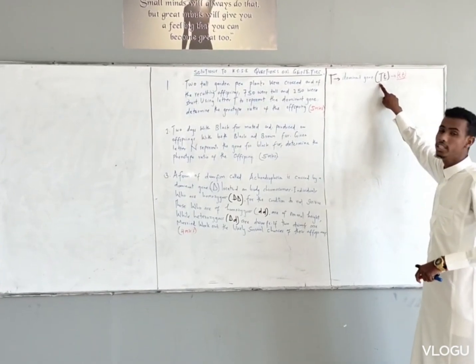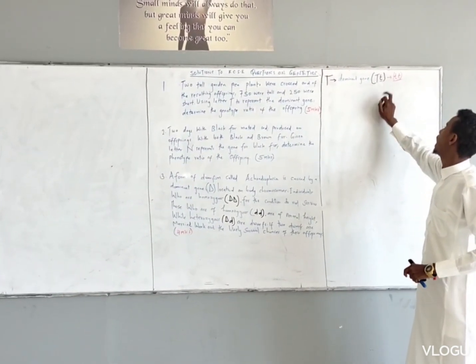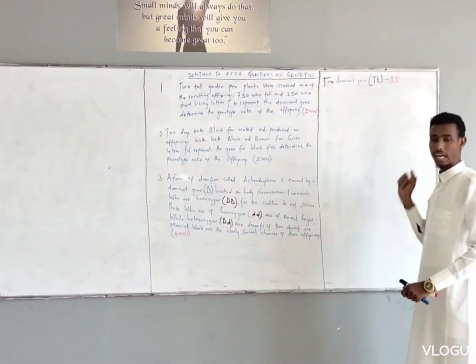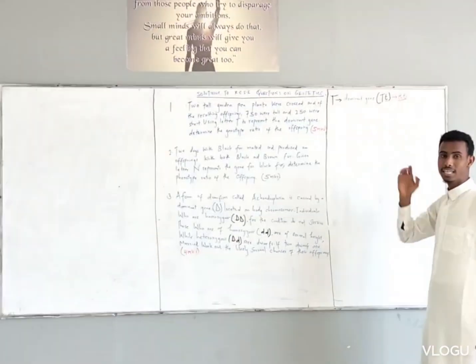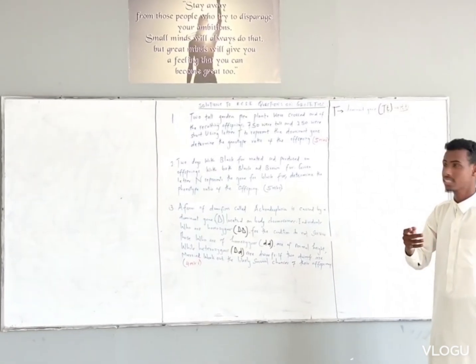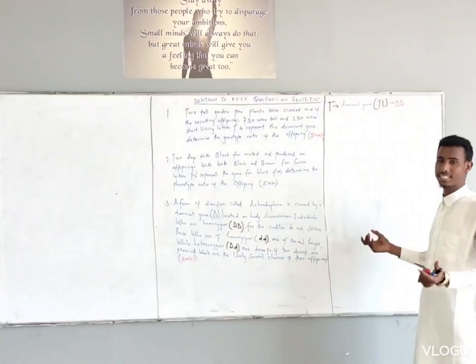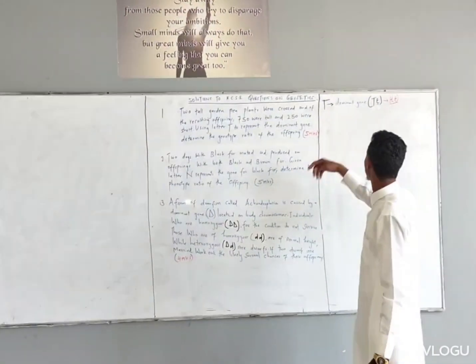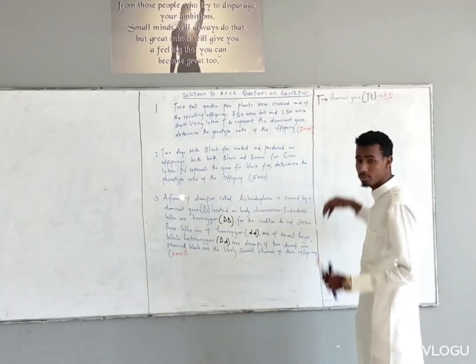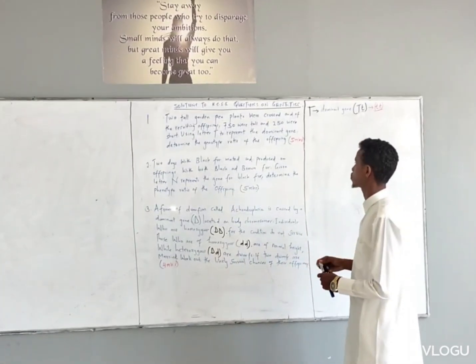This is the dominant gene and this is the recessive gene. In a genotype with a dominant and a recessive gene, the dominant gene expresses phenotypically over the recessive gene. That was just an explanation of the dominant and recessive genes, so let's go back to our question.